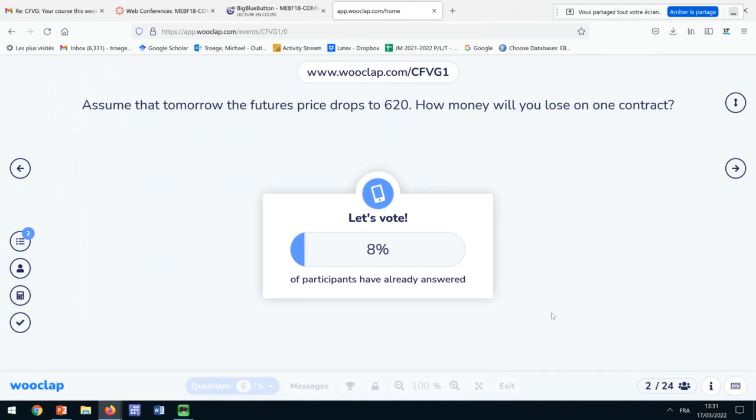But remember that this is expressed in terms of pence per bushel. If we have bought one contract, we have committed to buy 5,000 of these bushels. So on every bushel we lose 380.